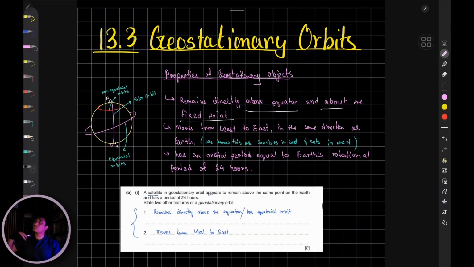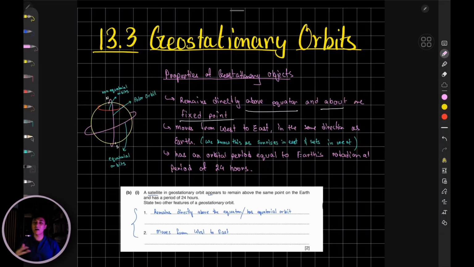So let's say I'm transmitting information to the satellite. Let's say I want the satellite to observe the weather, and I want the satellite to transmit that information to me. Now, the benefit of having it directly above you is there is no transmission delay. You don't need to figure out where the satellite is, calculate its distance, and then transmit or receive the information.